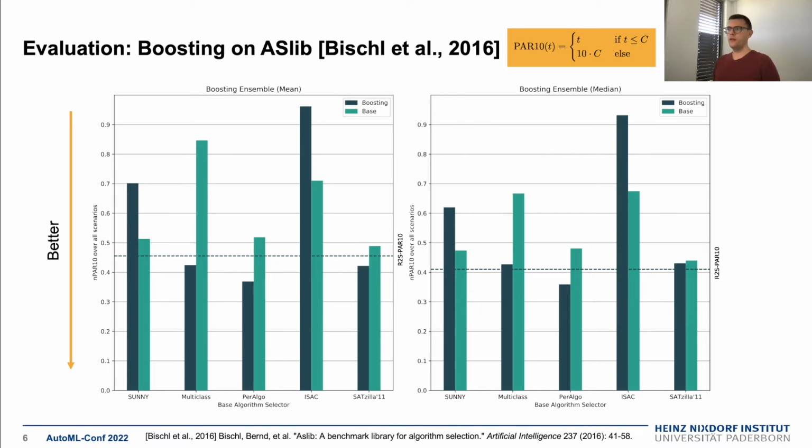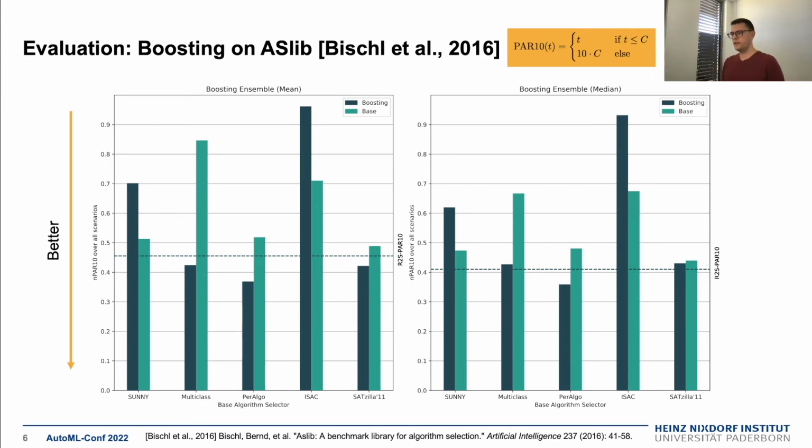What we're looking at here is the boosting ensemble using different base algorithm selectors, which you can see at the bottom, and we see the mean and the median performance across all scenarios. Two important things to note here are that for most of the different selectors, we can actually improve the performance when applying boosting. This doesn't really count for Sunny and Isaac, and the reason for this can be looked up in the paper if you're more interested.